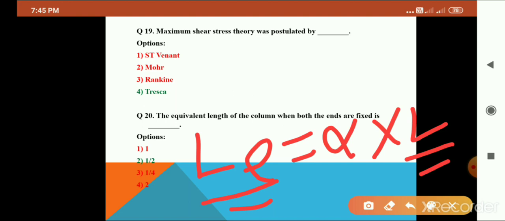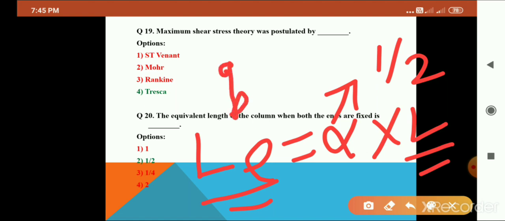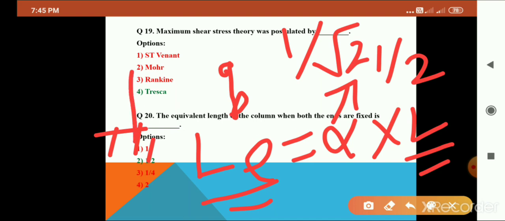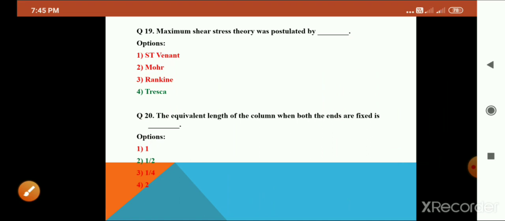For both ends fixed, alpha is half. For both ends hinged, the value of alpha is 1. For one end fixed and one end hinged, alpha is 1 by root 2. For one fixed end and another free end, alpha is 2. So here the value of alpha is half, which is option number 2.